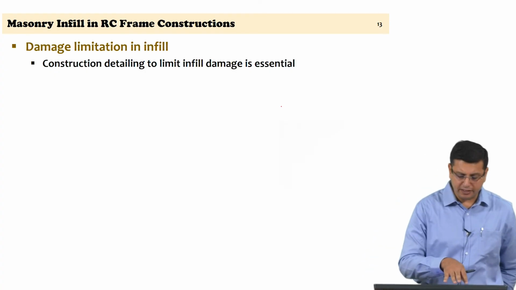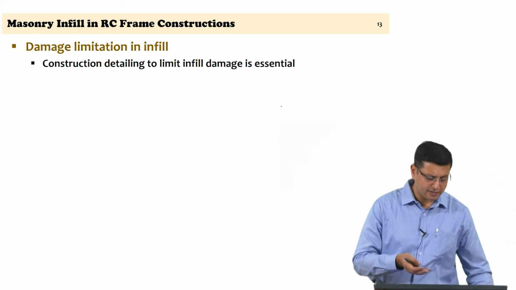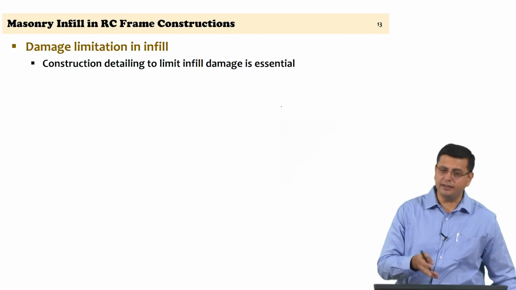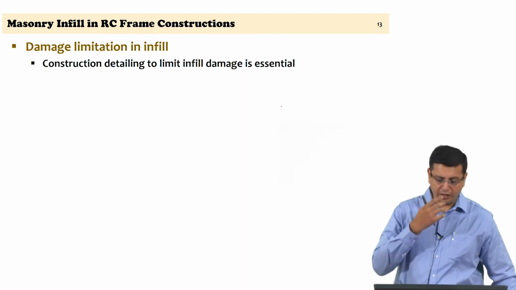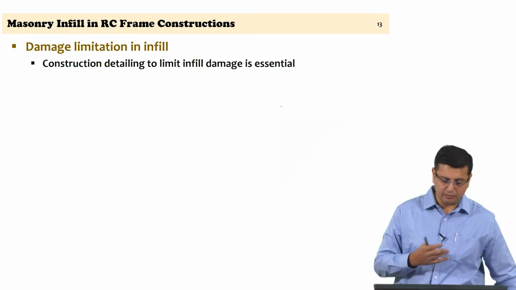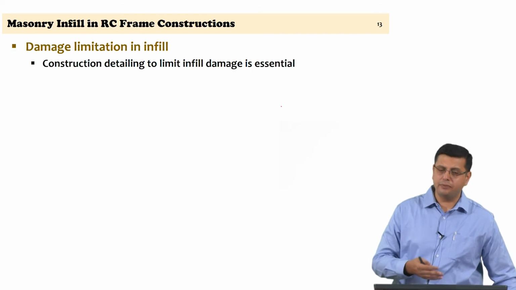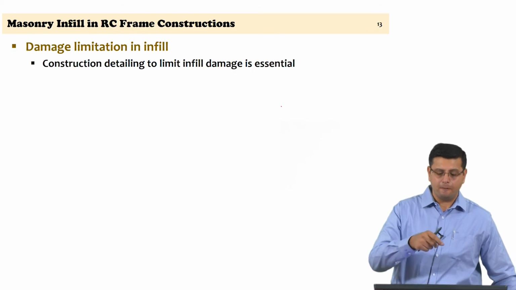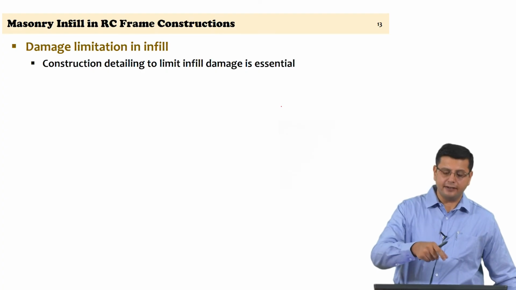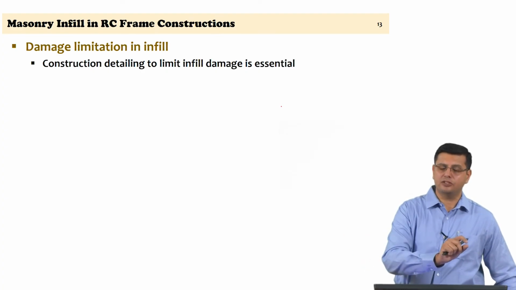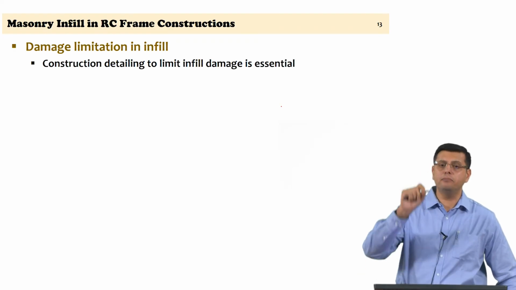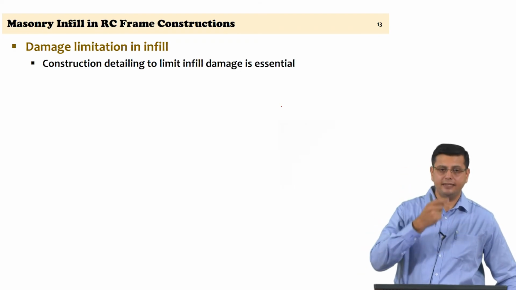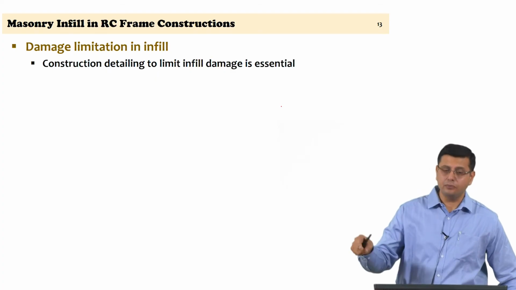Now, I would like to mention that in constructions in India in reinforced concrete frames, if you look at CPWD manuals, this is the detailing which has been around for 50-60 years now, infill panels are constructed with a small RC band at every 1 meter height, okay, and these RC bands are sitting within the infill panel.